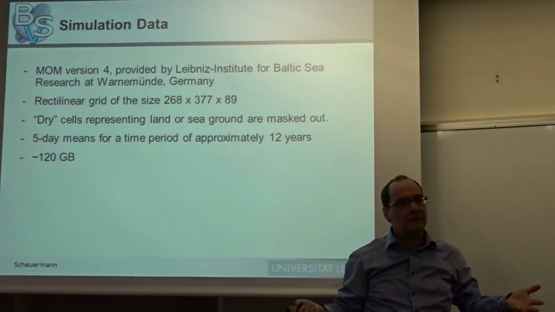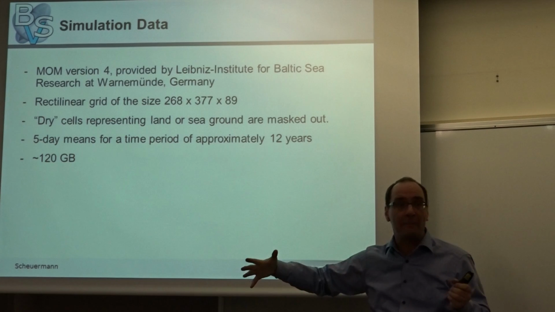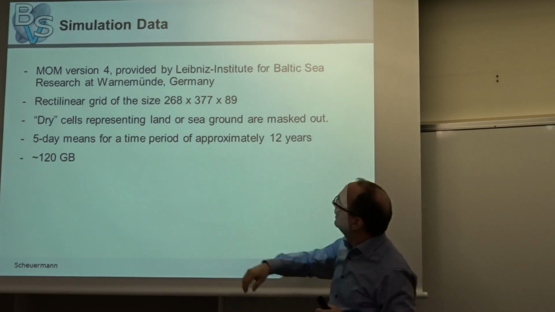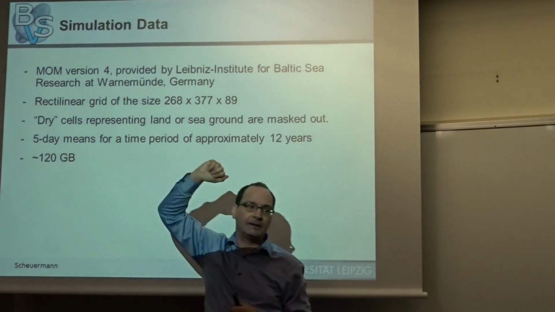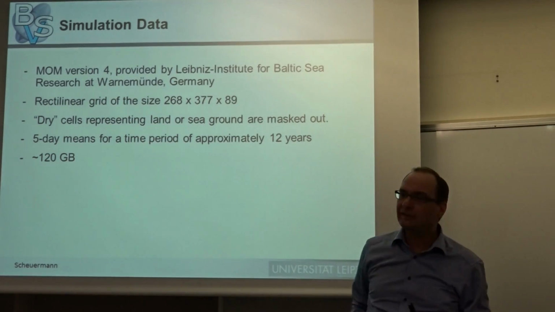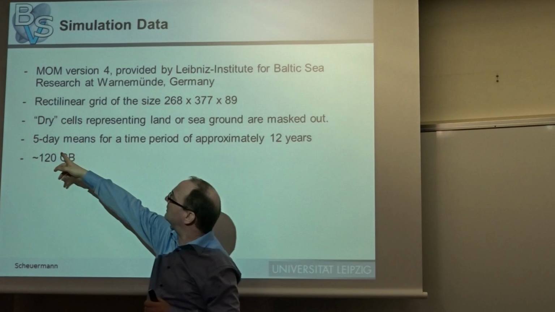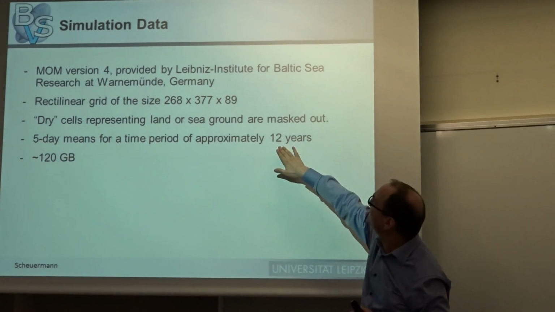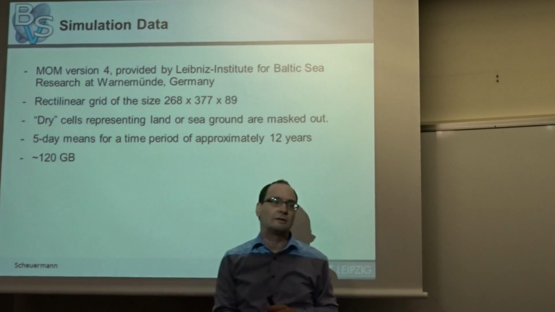Either you have an irregular grid or you take a regular one and somehow you mask which cells are not fluid. Yeah, and then they do calculations in 20 minute intervals, but we only get 5-day means for a time period of approximately 12 years. It's about 120 gigabytes.